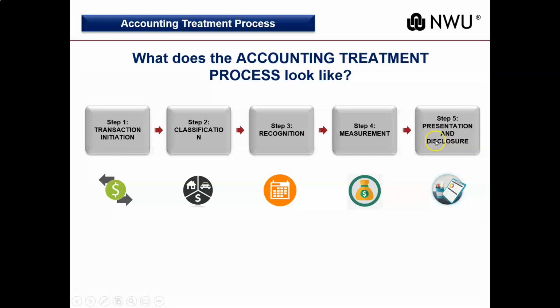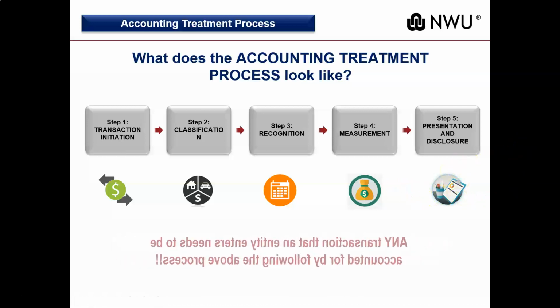And we're going to disclose that in the financial statements, so either in the statement of profit or loss or in the statement of financial position. So we do not talk about the balance sheet anymore. The correct name is the statement of financial position as at the end of the financial year.